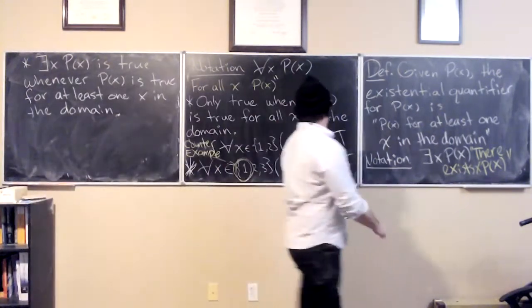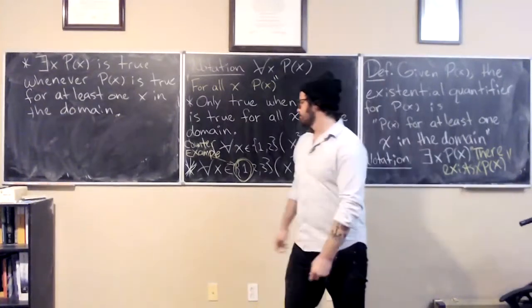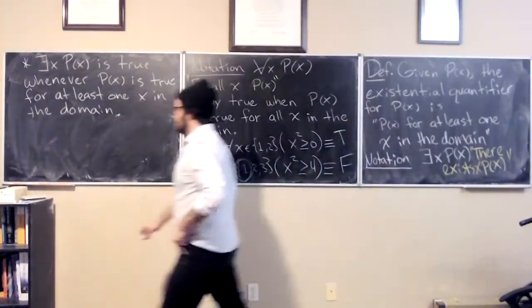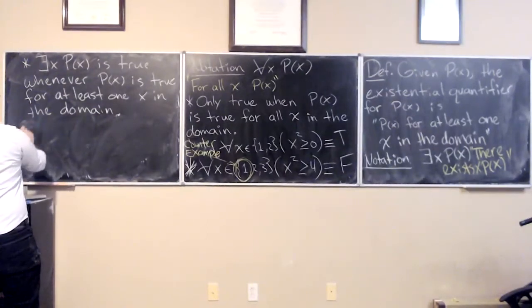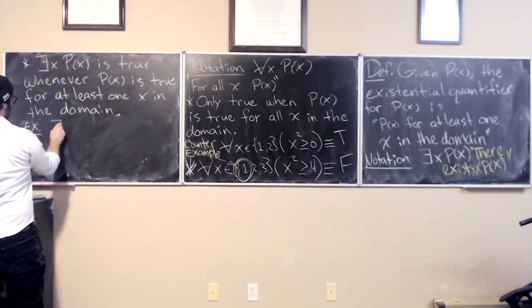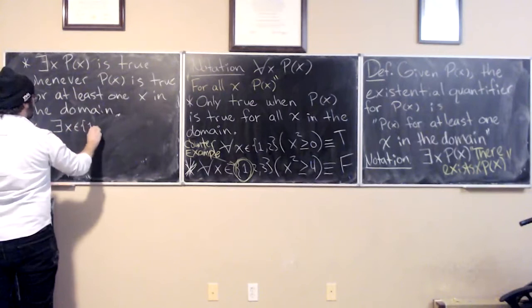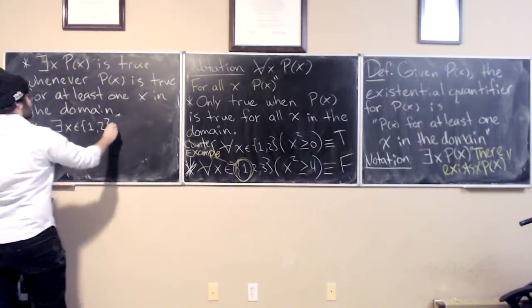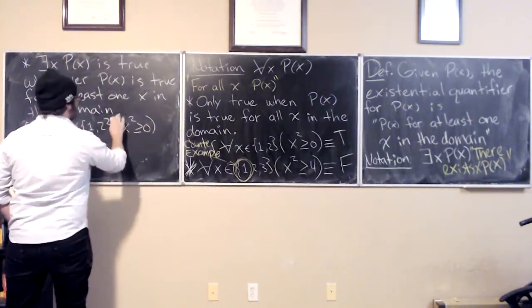Now, going back to our previous examples here, let's look at maybe the first one there. There exists x that is in the set 1, 2, such that x squared is greater than or equal to 0.